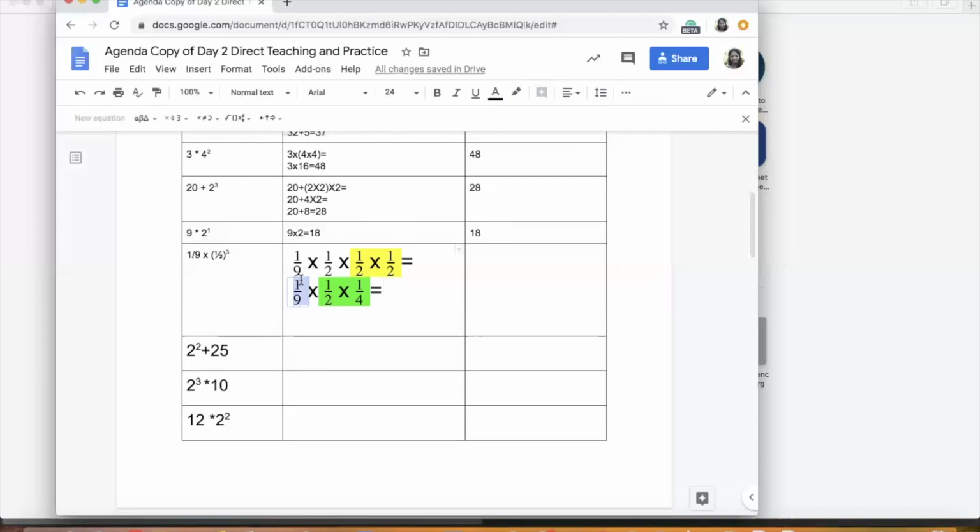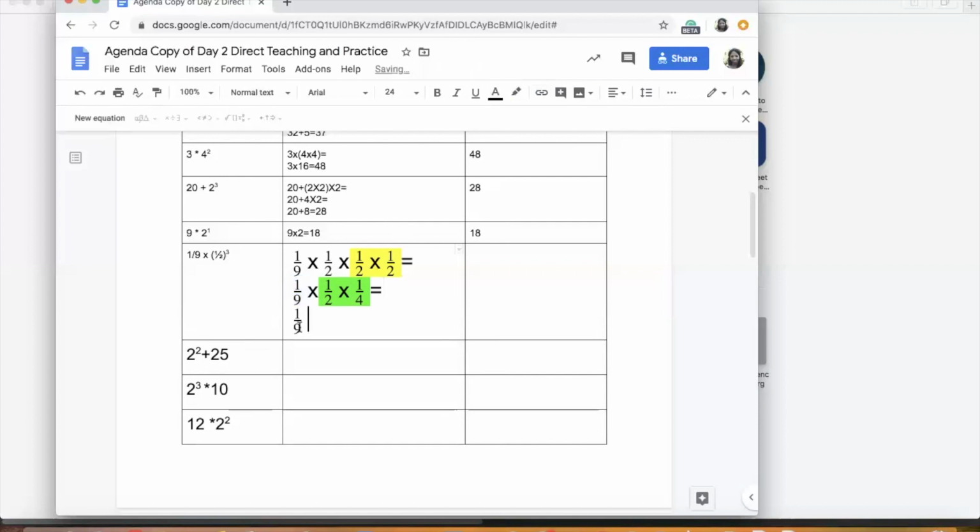That's going to give me 1/9, which I'm going to copy and paste, times, well, I'm going to multiply the numerator 1 times 1, paste again, backspace, keep my 1, and then 4 times 2, which is 8. So I have 1/8. And now I'm going to hit Command V and paste for my last time to multiply 1/9 times 1/8.